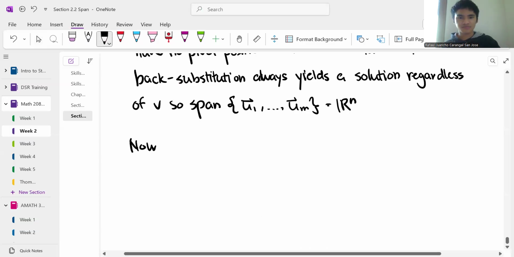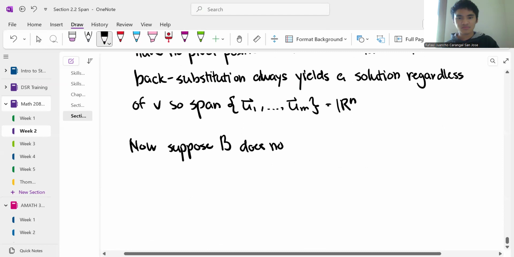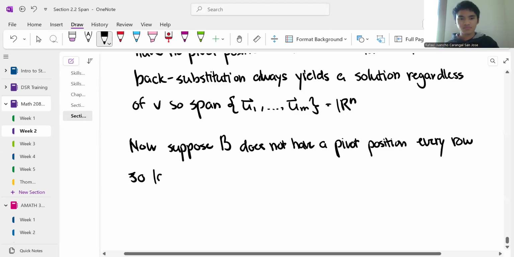So now, suppose B does not have a pivot position in every row. So last row is zeros, right?